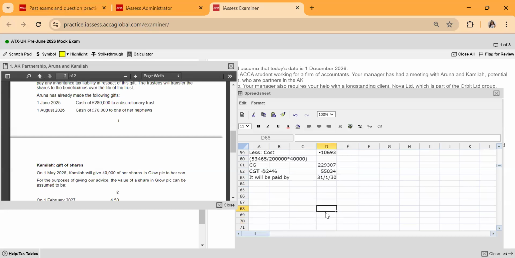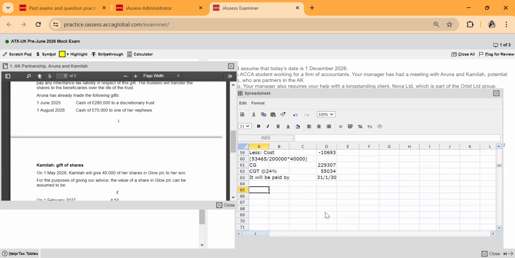Now we have done claimed. Let's do it if the incorporation relief is not claimed. The question also asks you to give notes. You can give a note about the BADR that we discussed, as well as the incorporation relief that we calculated taking only the shares portion.